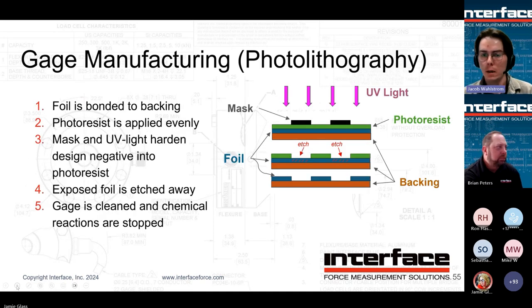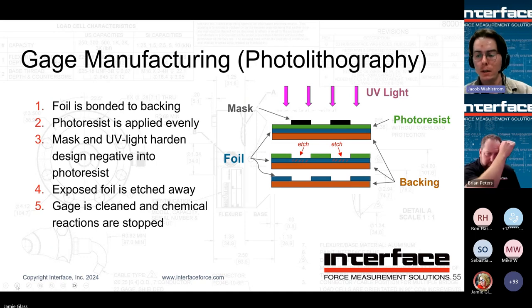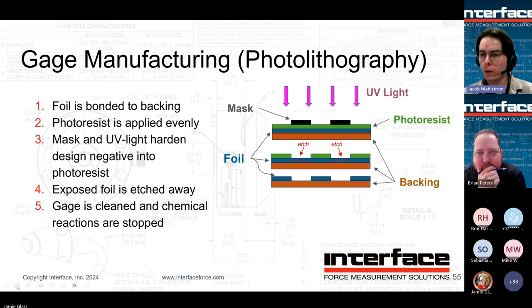So how is a gauge made? It's very similar to the process that's used to make what we're all using right now, right? Computers. It's photolithography. So the foil is going to be bonded to the backing, and then there's going to be a photoresist applied over top, and using a mask and a UV light source, the photoresist can be hardened in certain locations that then reveal the foil that we're going to etch away.